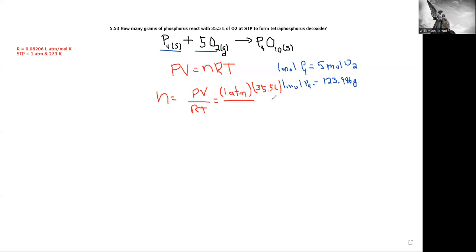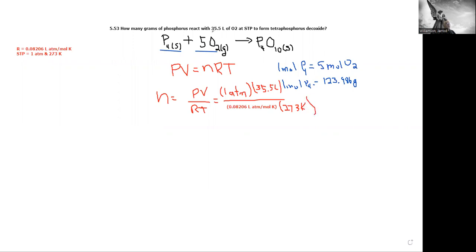Okay, R is kind of a big, long, clumsy thing, so I'm not going to write it by hand. That's 0.08206 liter atmospheres per mole Kelvin, right? And the temperature, STP, is 273 Kelvin.